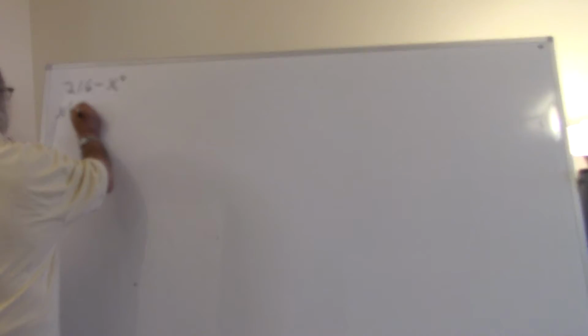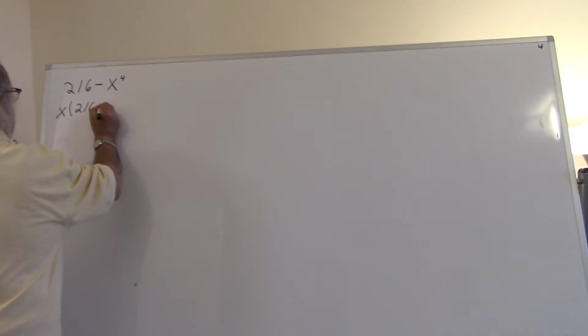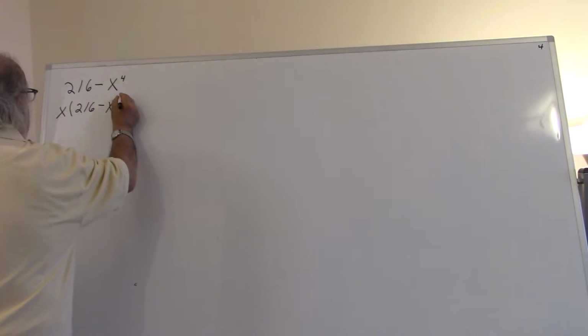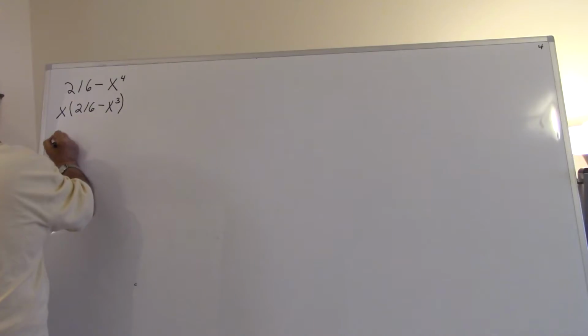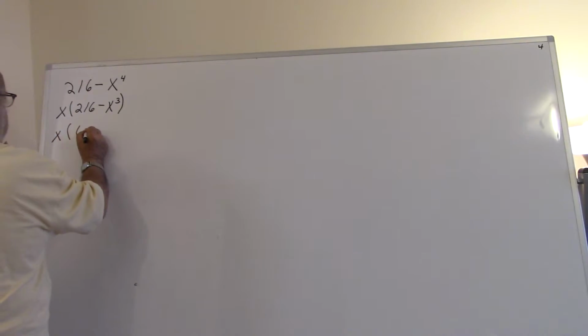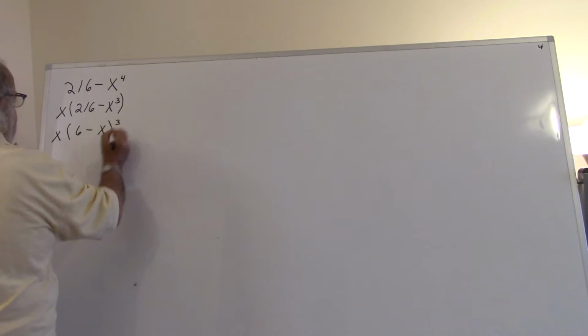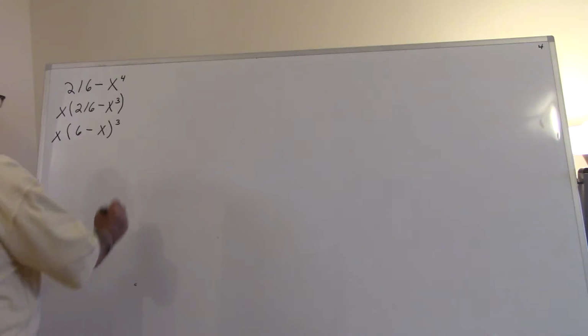So now you make this 216 minus x to the third. Six minus x to the third.